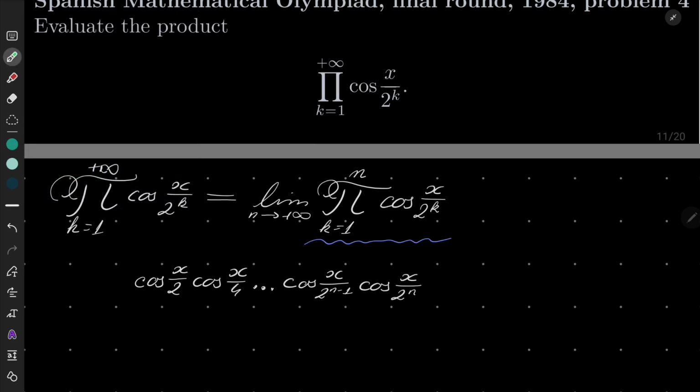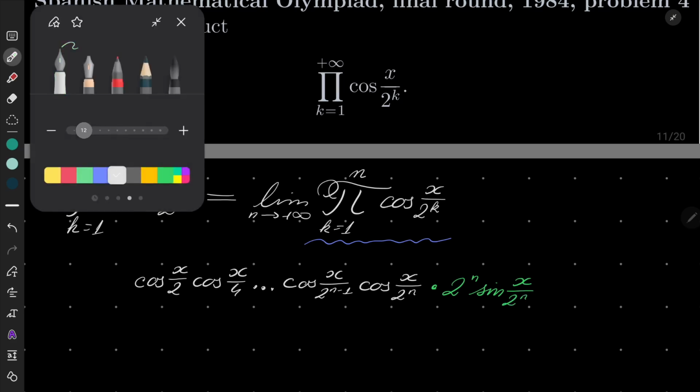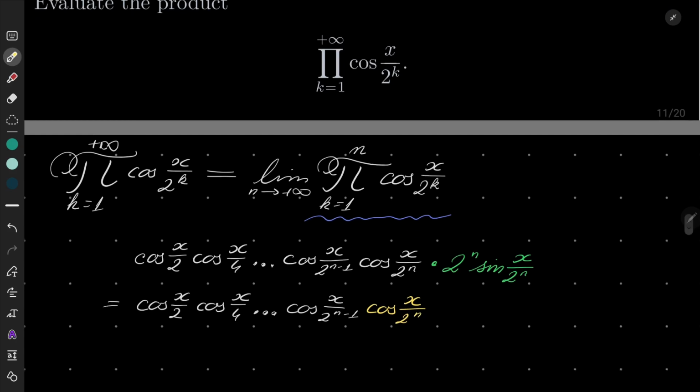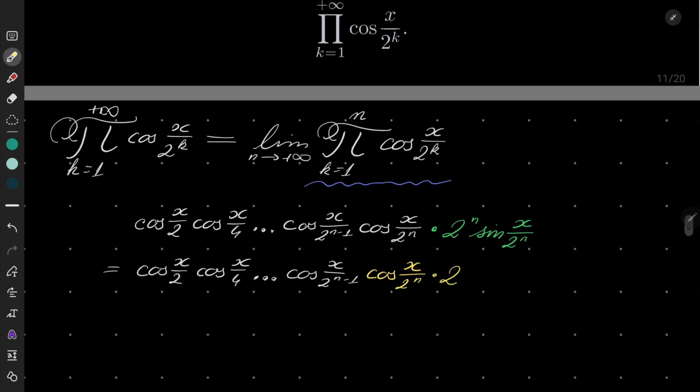And the trick is now to multiply this product by 2 to the power of n sine of x over 2 to the power of n. Why? After this multiplication, we can transform our product to get the following. Maybe I'll write the crucial part in yellow: cosine of x over 2 to the power of n. Here I will take 2 ones.